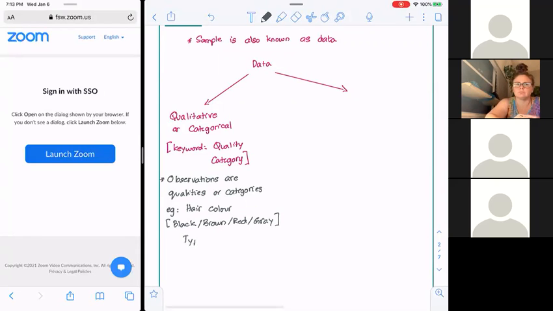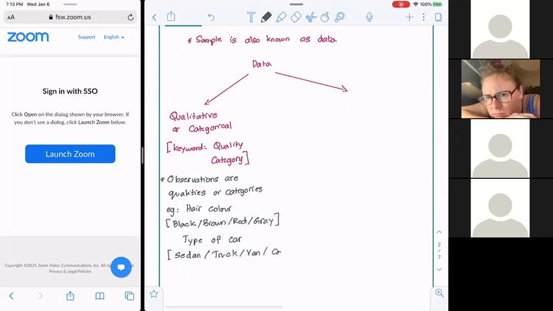The type of car a person has. Now, the type of car is not a numerical quantity. It is rather a quality or a category. So it could be a sedan. It could be a truck. It could be a van. It could be a coupe.